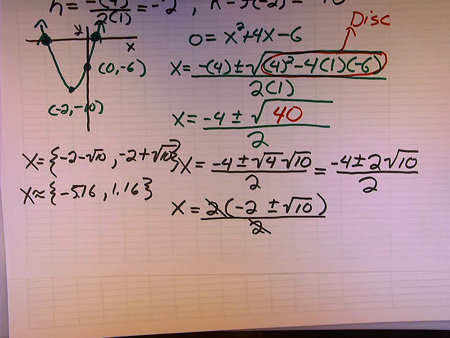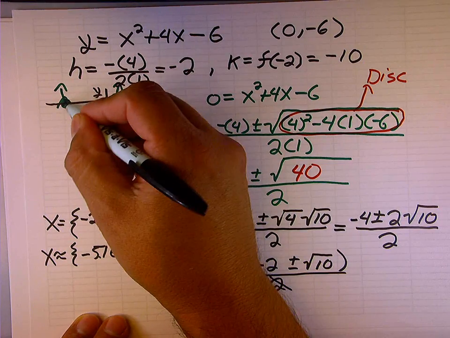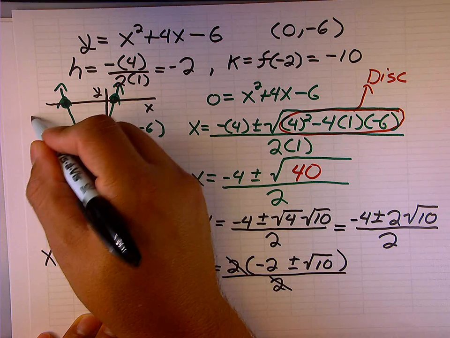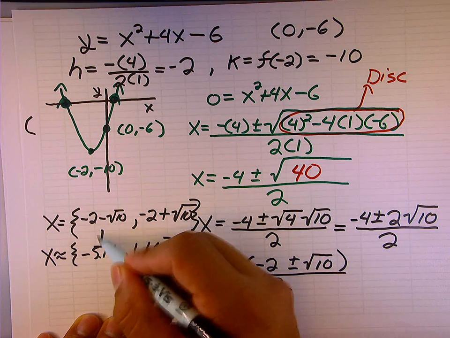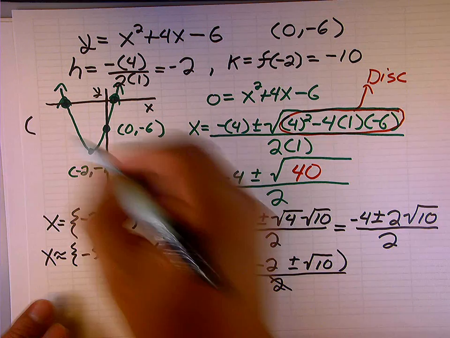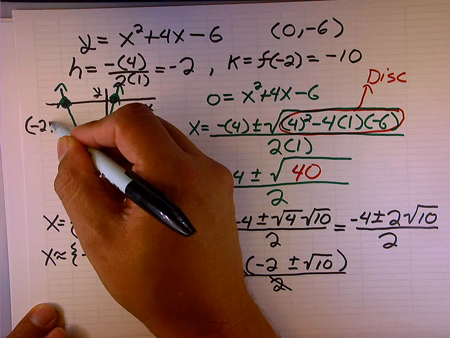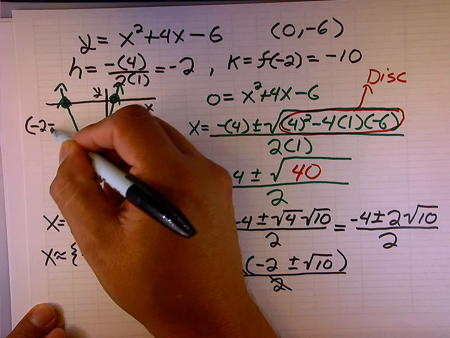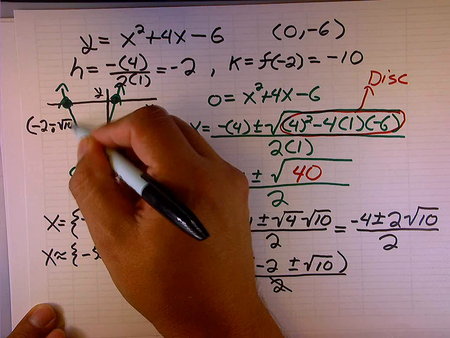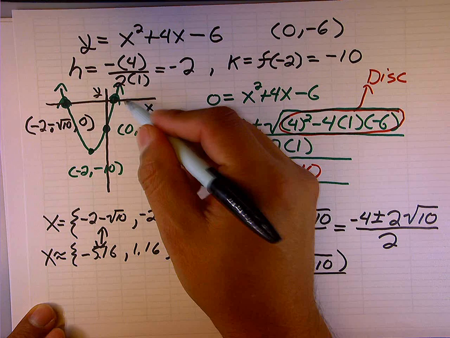So I now have the two x values I was looking for by using the quadratic formula. And I'm going to label the first one, the point, that's the one to the left because it's negative. The point is the x value is -2 minus the square root of 10, the y value is 0.